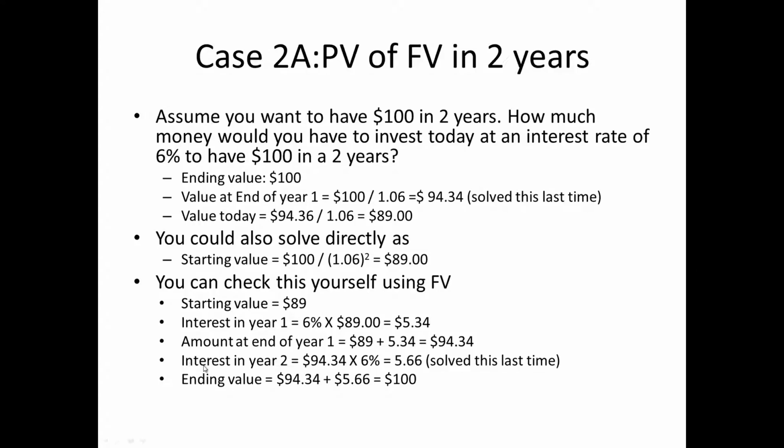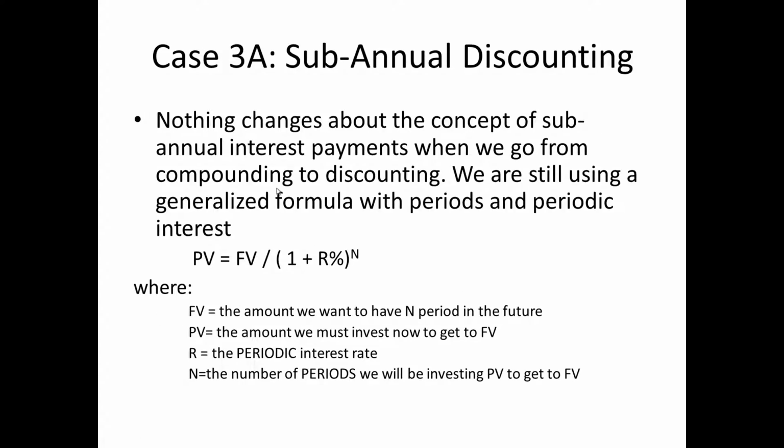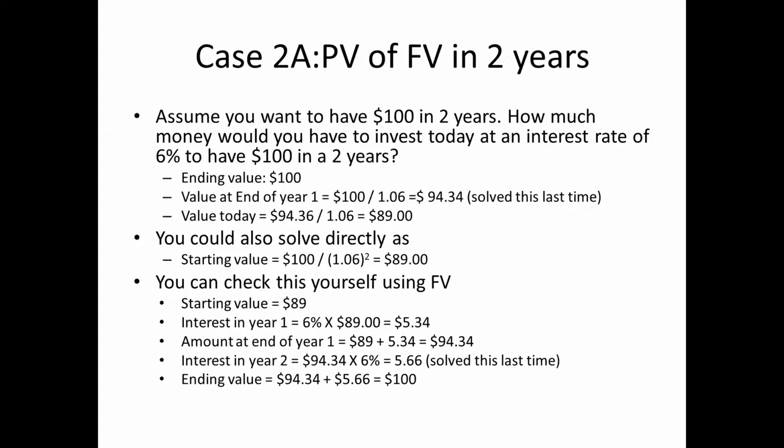So now we're moving on to the second case that we did before, which instead of just 1 year is 2 years. Now we want to have $100 at the end of 2 years. Same 6%. How much do we need to have today in order to have that at the end of 2 years? Well, let's see. We're at the end of the 2 years. We have $100.